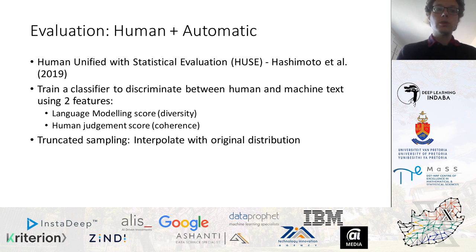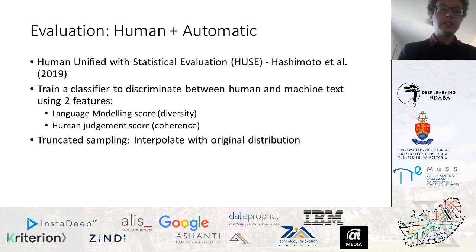use an approach called Human Unified with Statistical Evaluation, or HUSE, which was proposed by Hashimoto et al. in 2019. HUSE uses human judgments of generation quality together with language modeling scores as features in a classifier to distinguish human written and machine generated text.